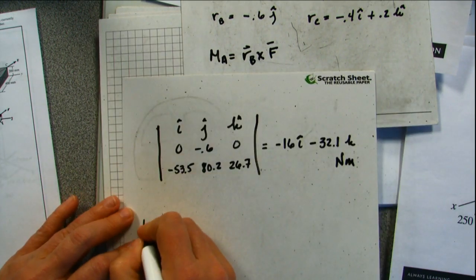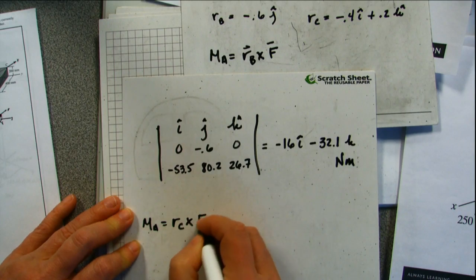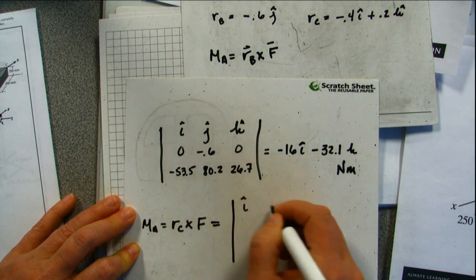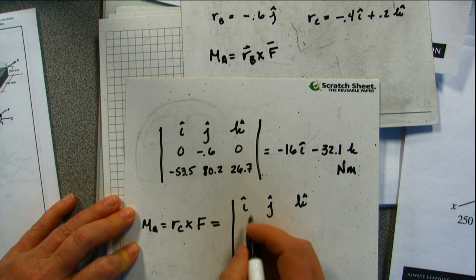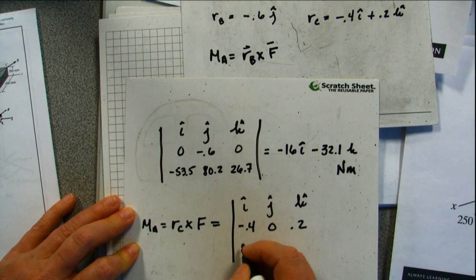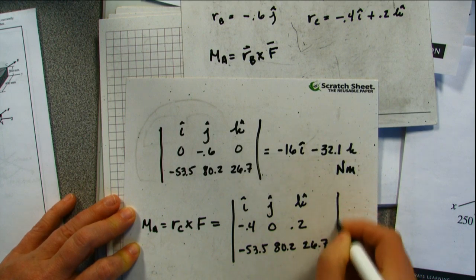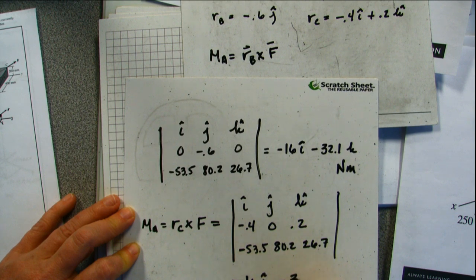If I do MA equals RC cross F, that is i, j, k; minus 0.4, 0, 0.2; and my minus 53.5, 80.2, 26.7, and that'll end up being minus 16 i, minus 32.1 k.